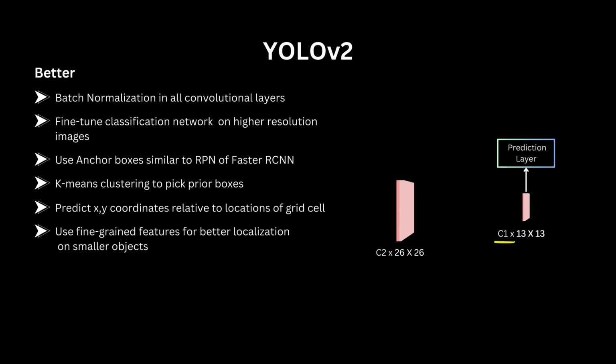We rearrange to move from C2 x 26 x 26 to 4C2 x 13 x 13. Now that both the feature maps are of the same spatial size, we concatenate them together and the prediction layer now operates on this concatenated feature map, which has lower as well as higher res features to make better predictions for small scale objects.